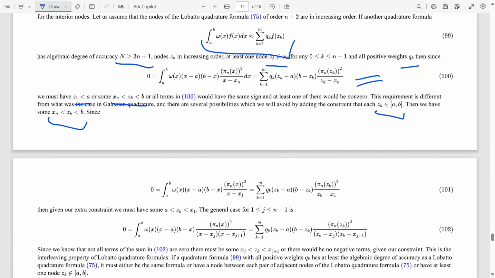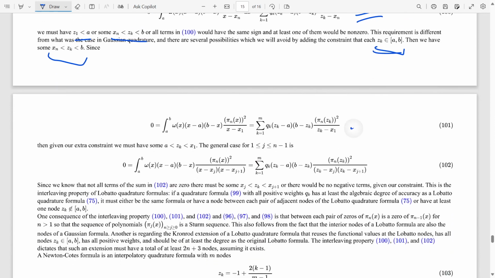And given this constraint, we can do this to find that there must be a zk that lies between a and x1, and between any two interior nodes, we also have to have a node of the alternative quadrature formula.